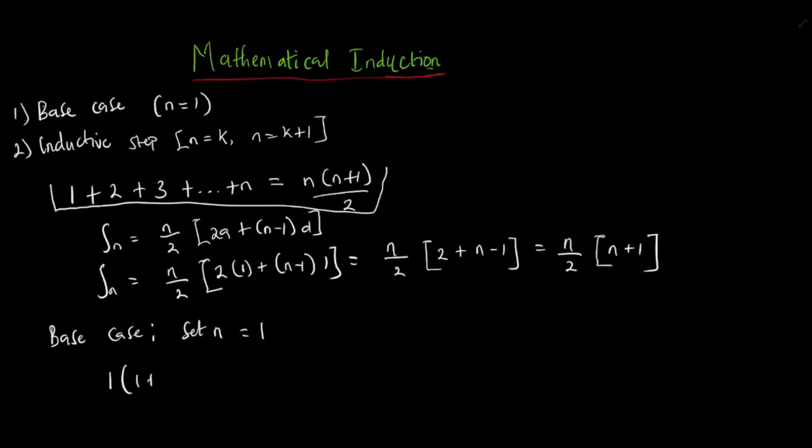So we have 1 times (1 plus 1) over 2. So 1 multiplied by 2 over 2 gives 1. So we have 1 at the left hand side, we have 1 here, and we have 1 here, which is true for the first term.